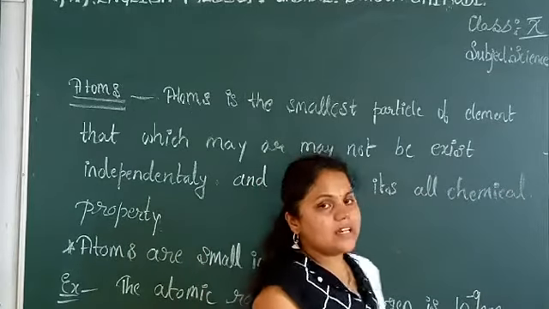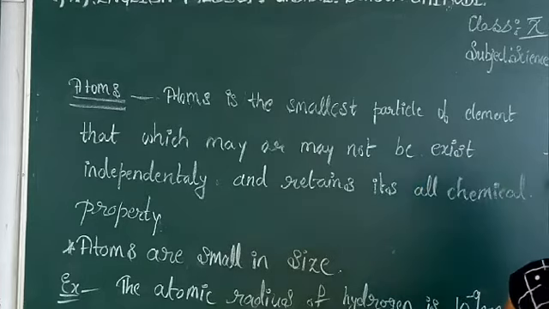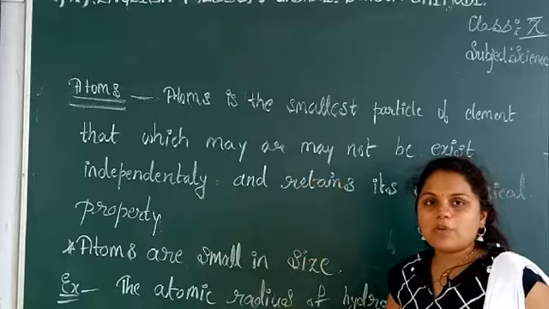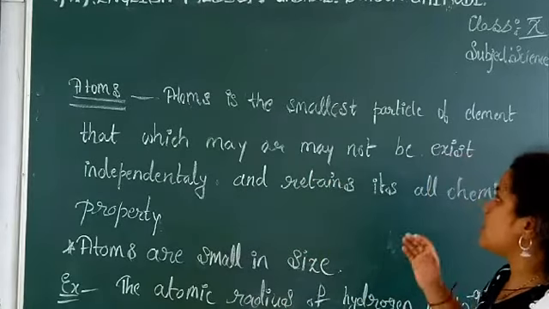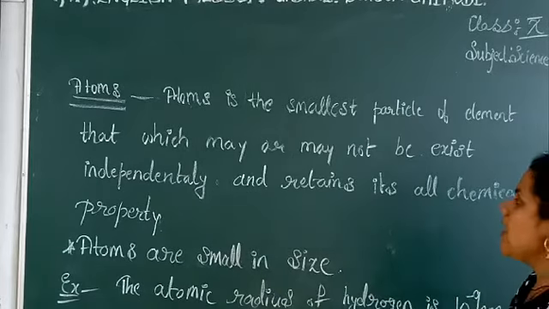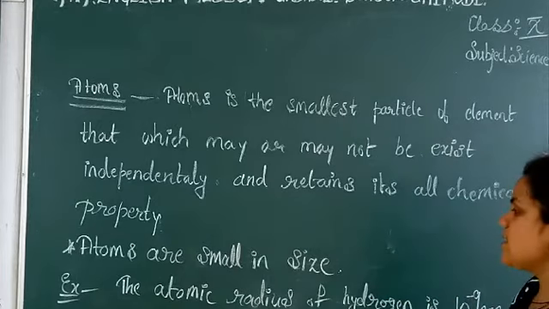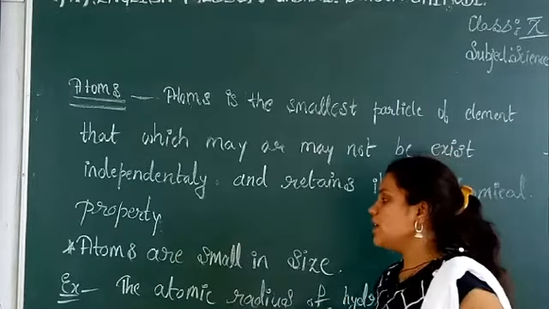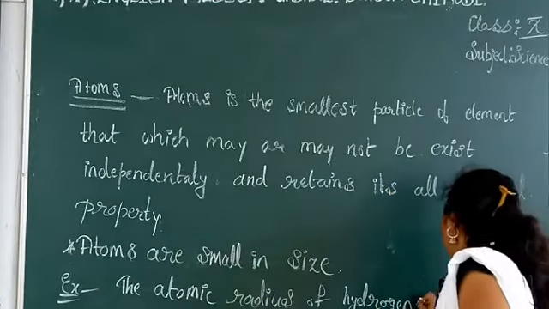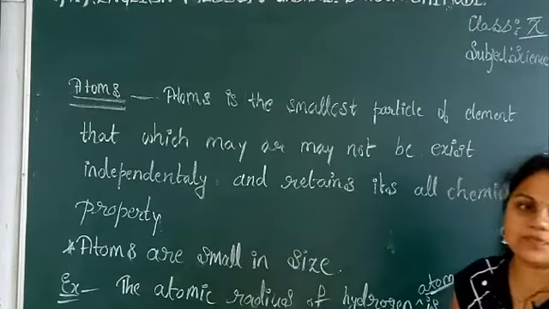So you can imagine how small the radius of this hydrogen atom is. These are the basic points of atoms: an atom is the smallest particle of an element that may or may not exist independently and retains all its chemical properties. Atoms are small in size. A simple example I am giving you: the atomic radius of a hydrogen atom is 10 raised to minus 9 meter.